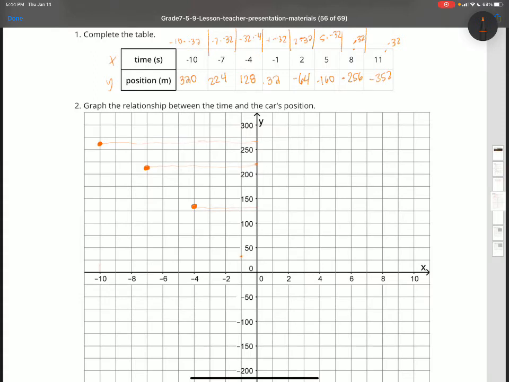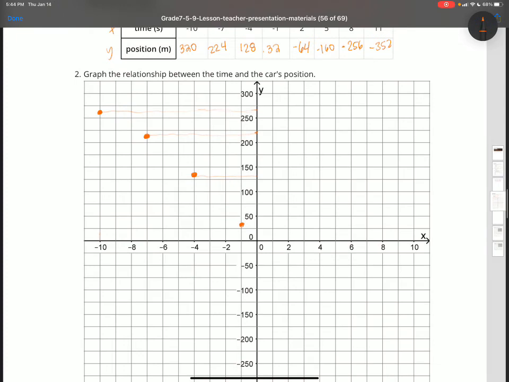Then for 2, it's negative 64, so it needs to be kind of in between, a little bit over. Then for 5, negative 160 will be a little bit closer to 150, and I need to look for 5.